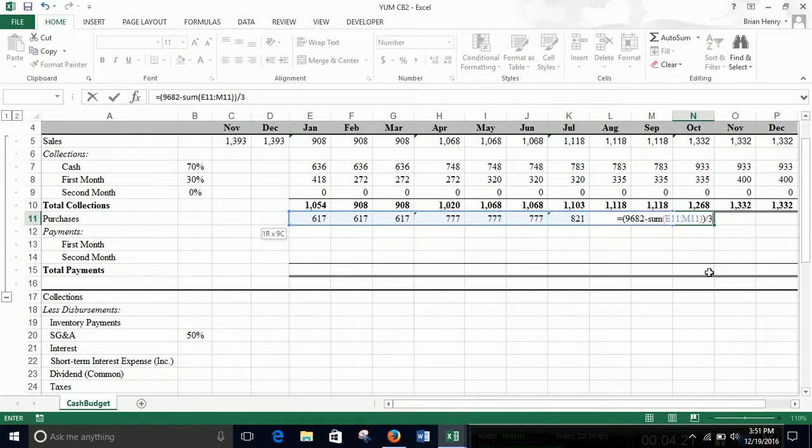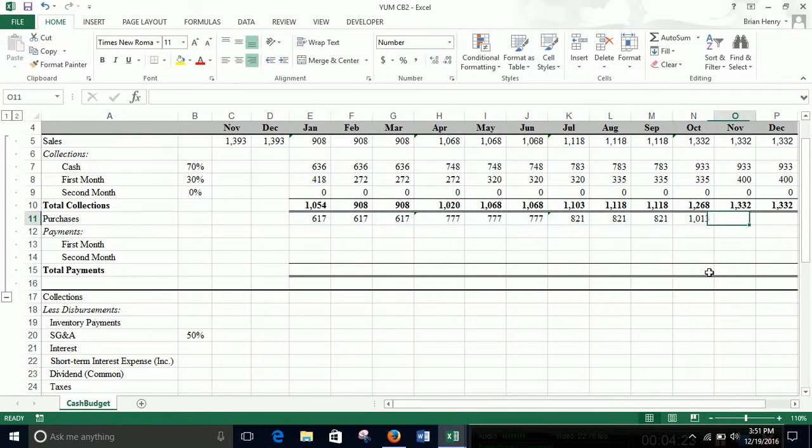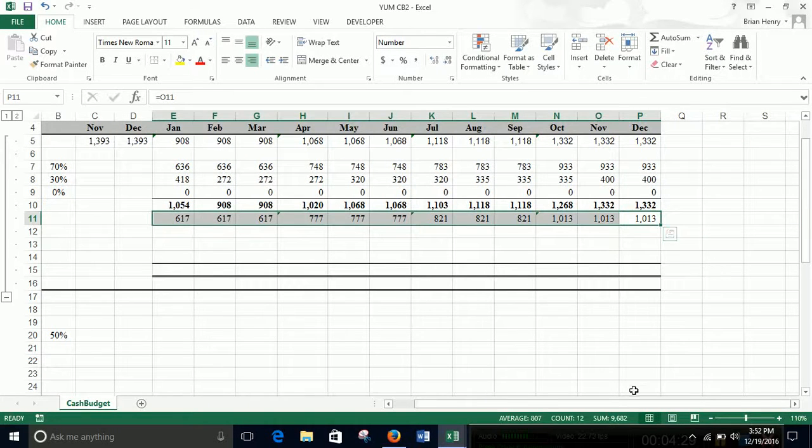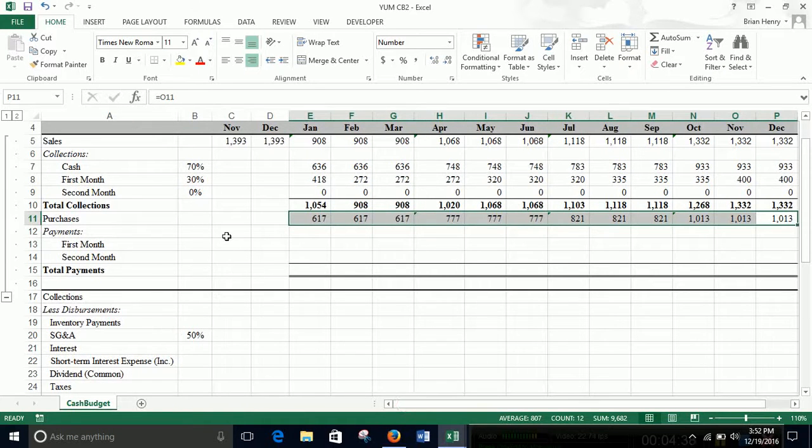And then I'm going to divide that by 3. And then equals that, equals that. And then if you want to check, you just highlight the whole thing and it should come out to 9682 down here. So if you highlight that whole row. So there's our purchases, and then we just need to spread them out.